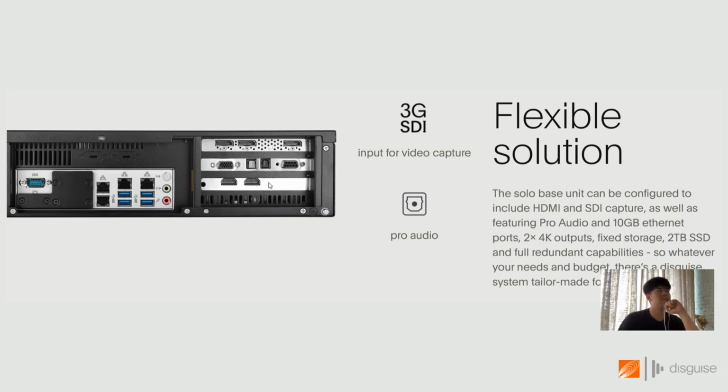Okay, then capture card, which you can choose, is either 2 HDMI or 3G SDI, which will actually change between 3G SDI and HD SDI. Okay, then these are all 1 gig network ports. Okay, unfortunately, this guy doesn't have a Genlock card inside because it's meant to be a solo machine, like the name.